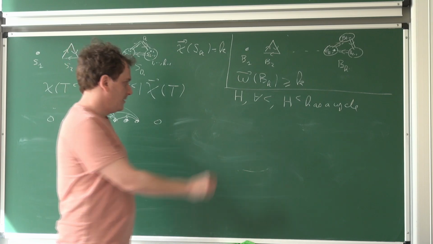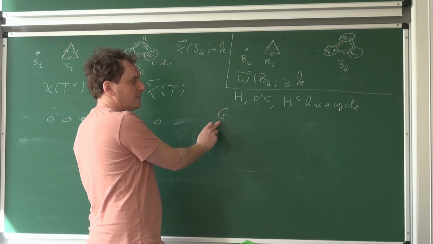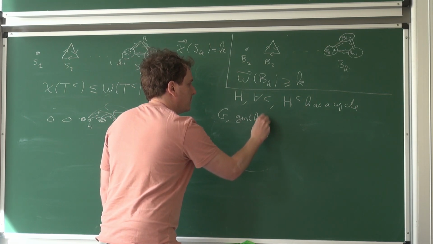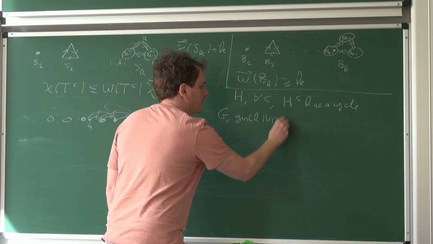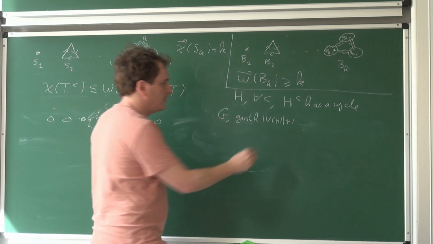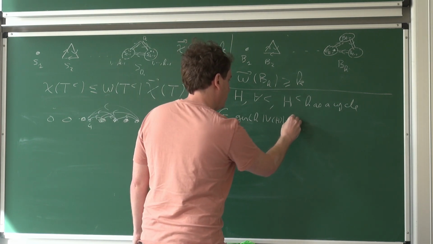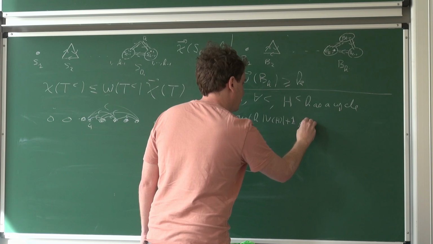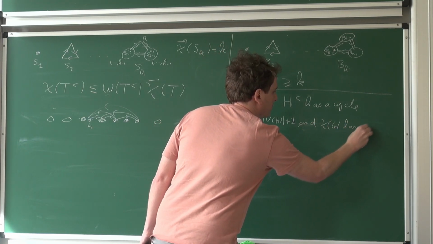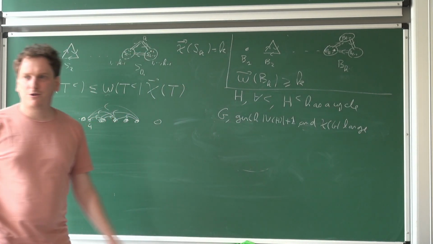Let's show it. Take an undirected graph G with girth larger than the size of V(H) plus 1, so very large, and chi of G as large as you want. This exists by Erdős's theorem.